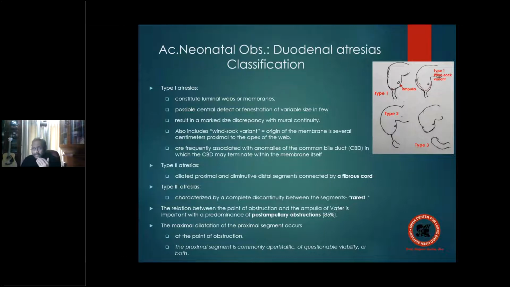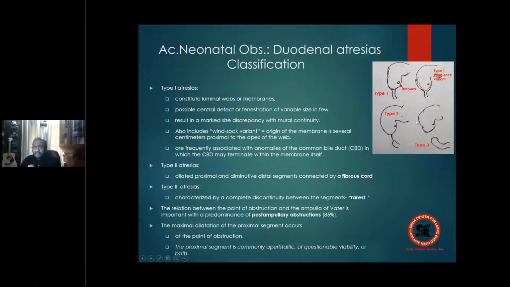Now, I already specified that the site of ampulla is very important, and predominance of post-ampullary obstruction. That means in 85% of cases, the ampulla is lying proximal to the obstruction, 85%. It's only in 15% of patients, of fetus or the infant, where you have this ampulla lying distal. So if you have the ampulla say here, then that would be distal to the block, right? But 85%, the figure would be something like this.